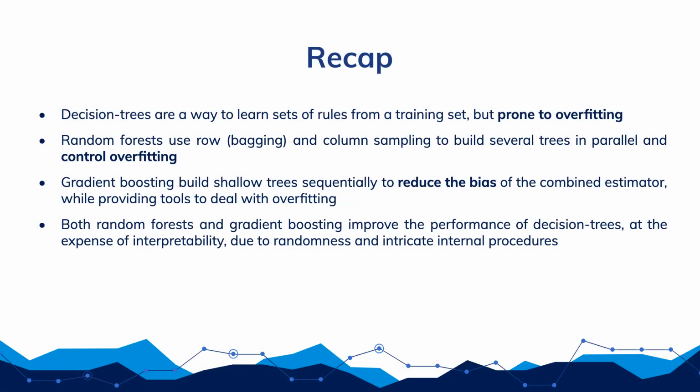Random forests are a great way to control overfitting by using bagging, which is bootstrap aggregating, sampling rows, and combining that with column sampling, sampling columns. Gradient boosting is a great way to minimize whatever loss function we want, and to reduce the bias of the combined estimator by using really dumb estimators.